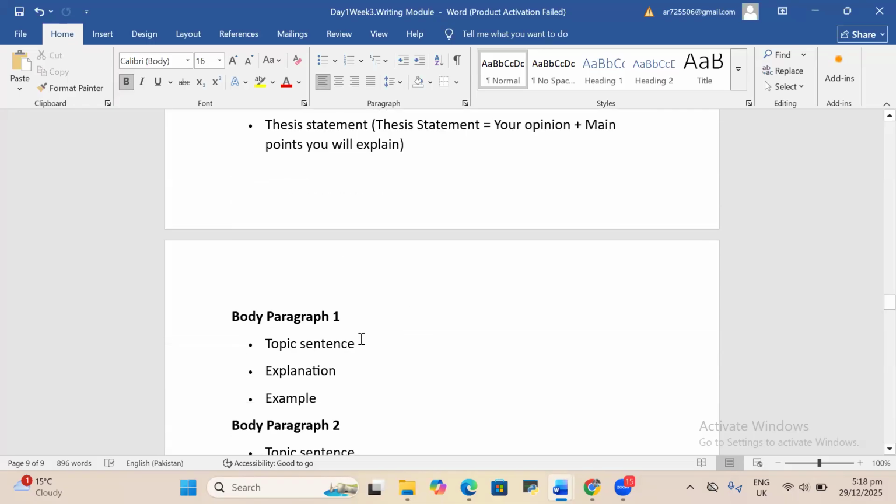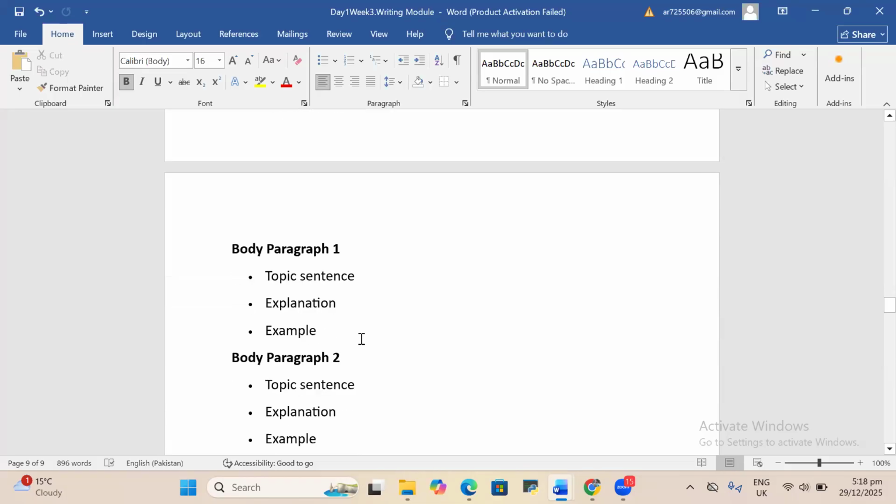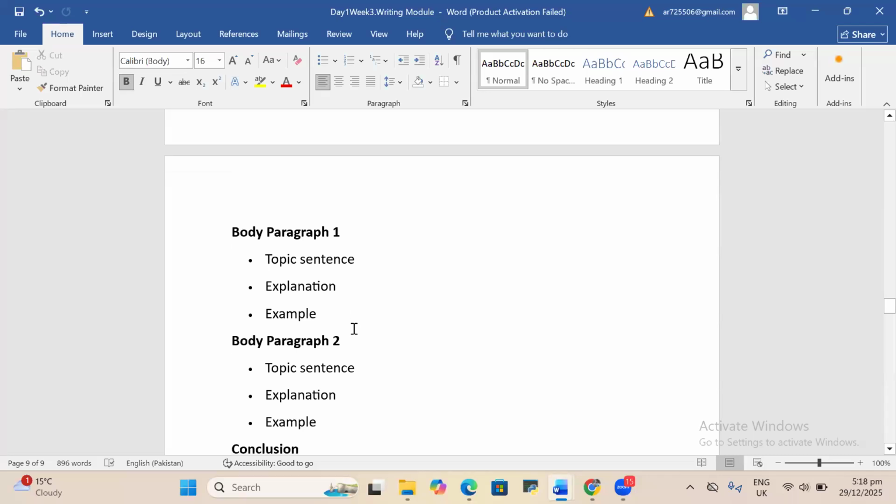And in the body paragraph you can write your topic sentence, then explain that point, and then give an example of that point. So usually students make a mistake. What do they do? They write multiple topic sentences in each paragraph.